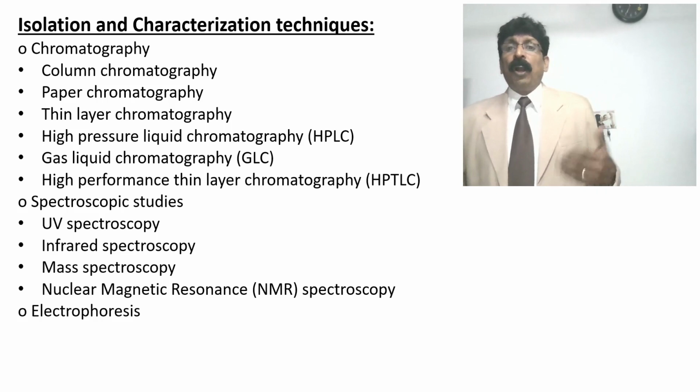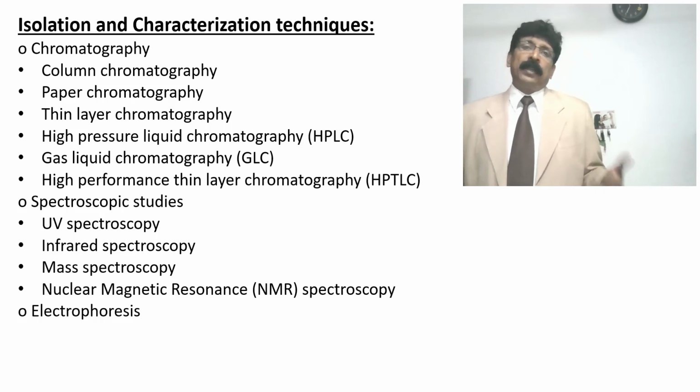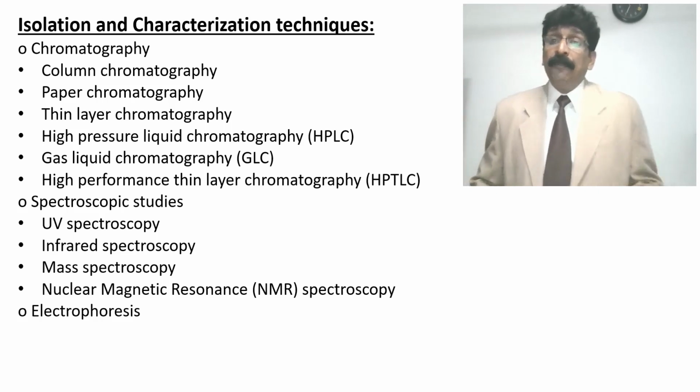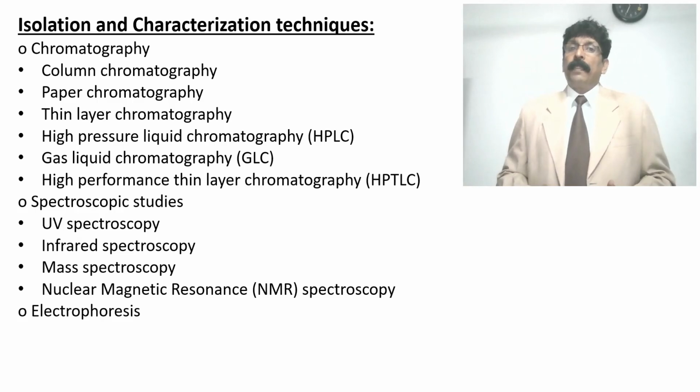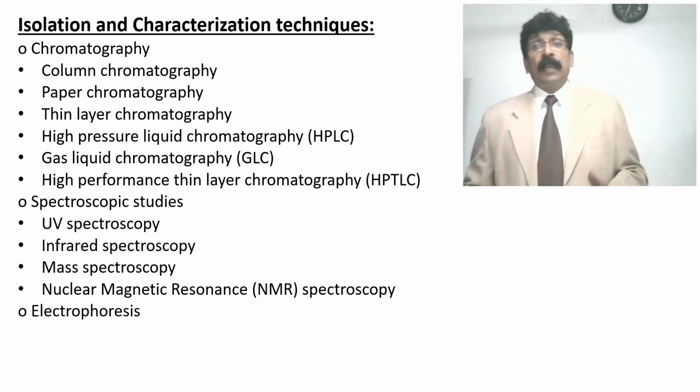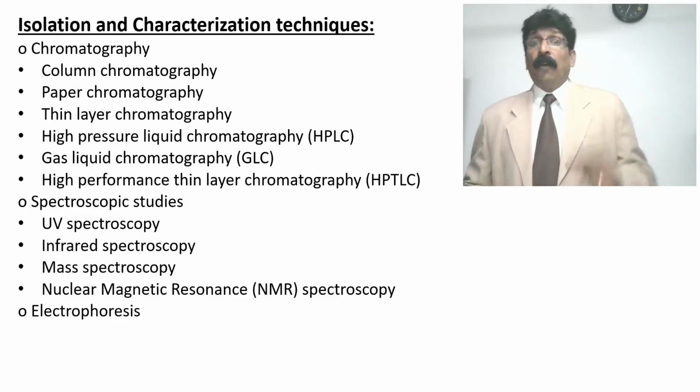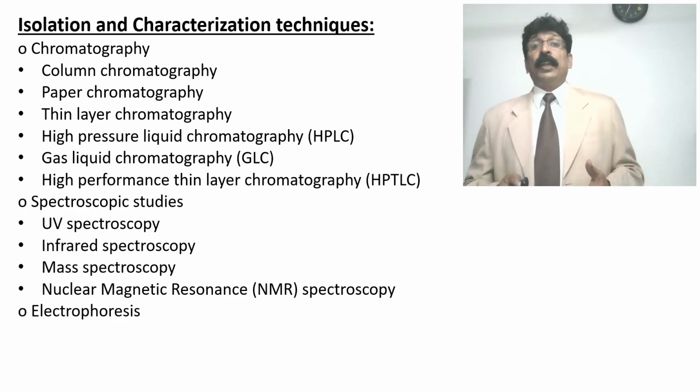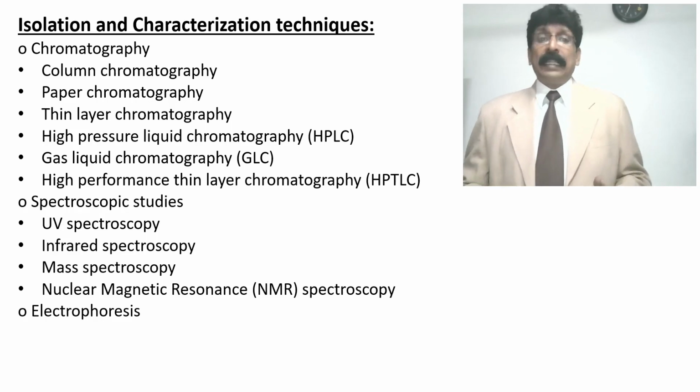You should know how these are utilized for the identification and characterization of the chemical structure of the compound which we have isolated from the plant source or natural source.